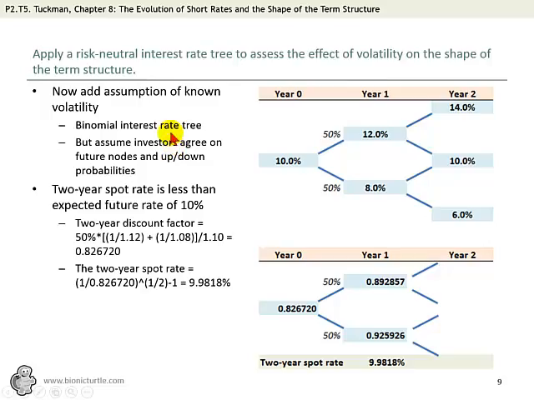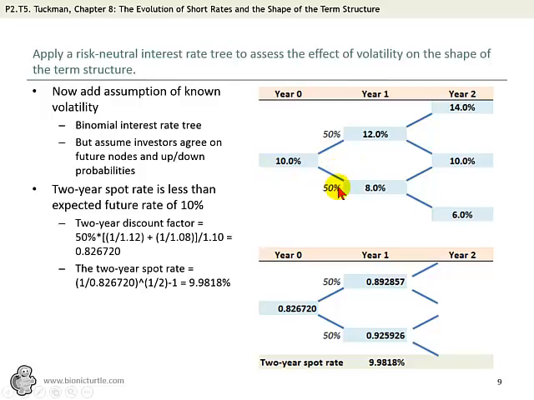Now we add that second stage, and we're modeling volatility. Let's note what we're adding here: an assumption of known volatility as manifest in the binomial interest rate tree. There's an important idea here, and that is that investors do agree on the future nodes and up-down probabilities.